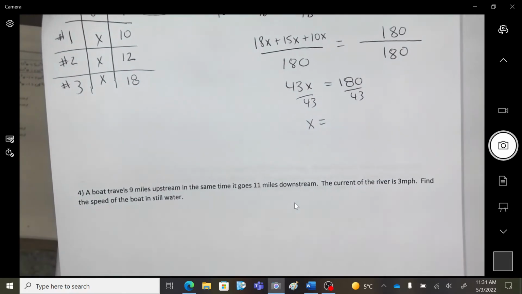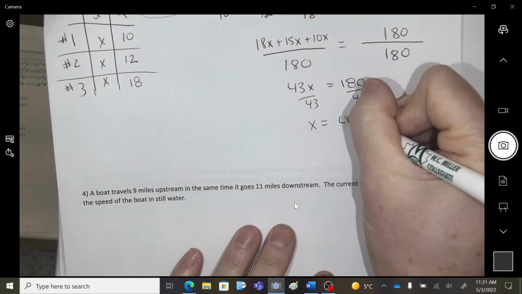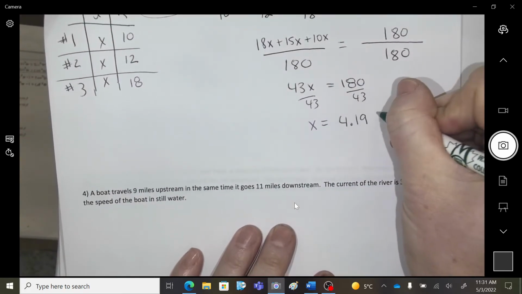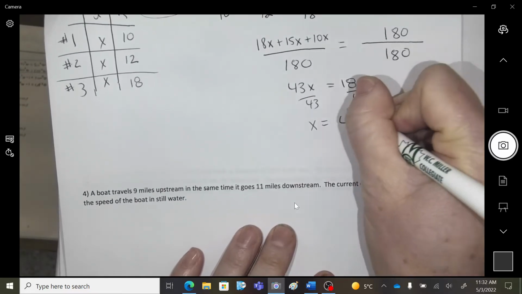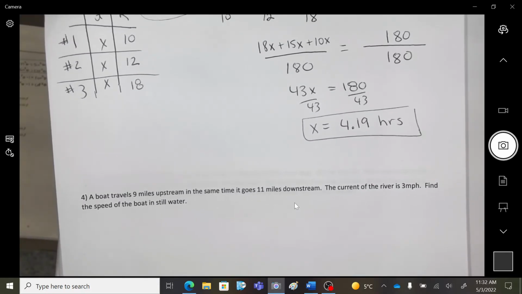X equals 4.19 hours to fill the pool if all three of them are going at the same time, assuming your water pressure is okay and whatever, all the variables.